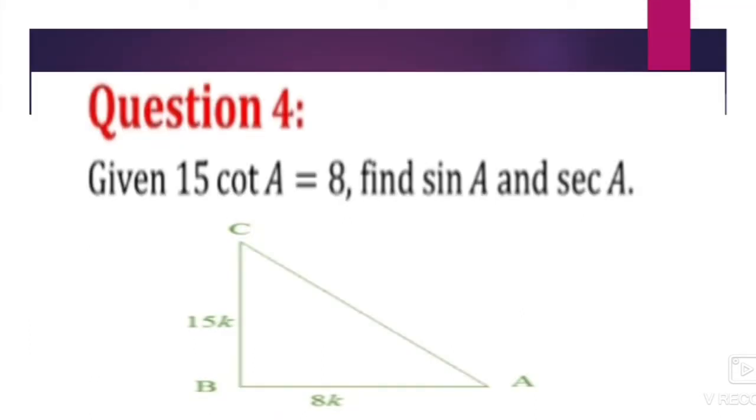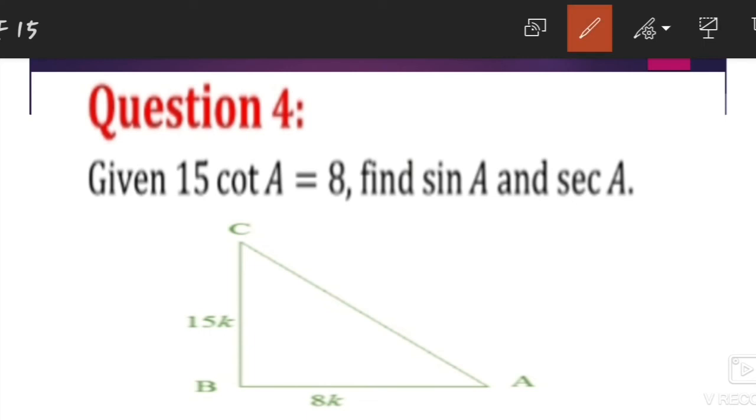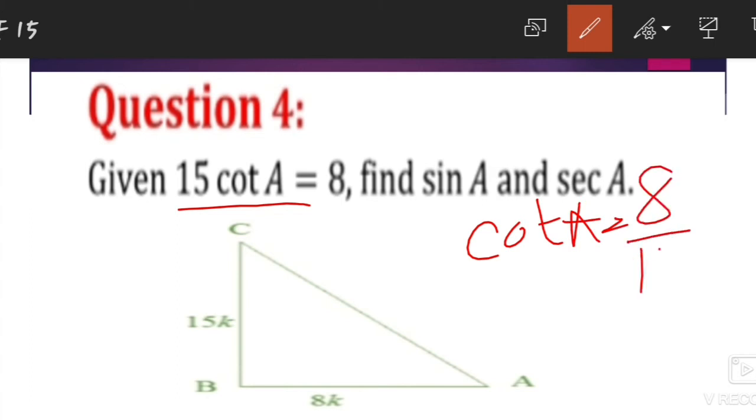Now question number 4. Here it is given that cot A is equal to 8 by 15. Find the value of sin A and sec A. This is also the same as the previous one. A is the main acute angle, so this is the opposite and this is the adjacent side.